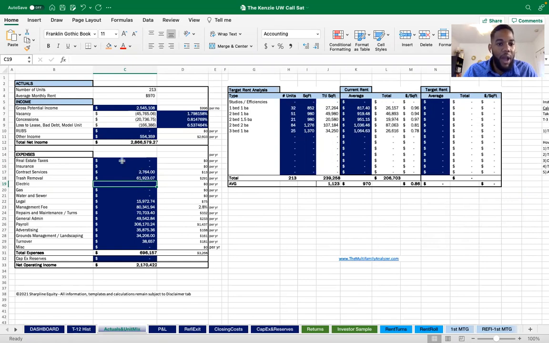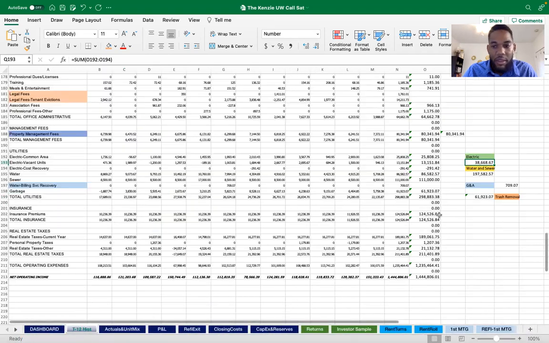So if the property is paying for the water and sewer, but we're charging a tenant $50, $60, $70 on a RUBS or a flat fee, then that would be realized up here as income. Does that make sense? Okay.